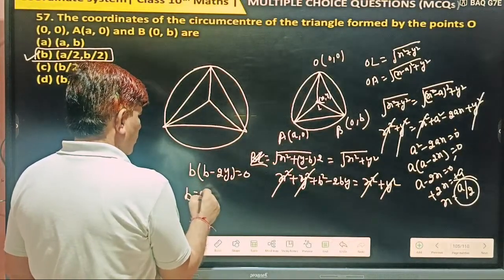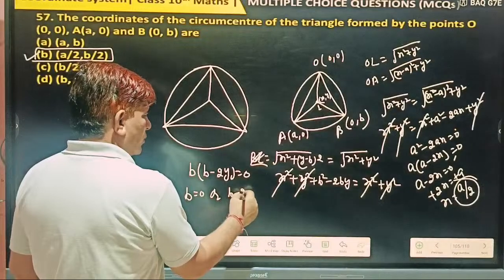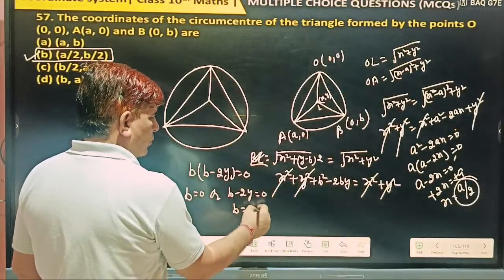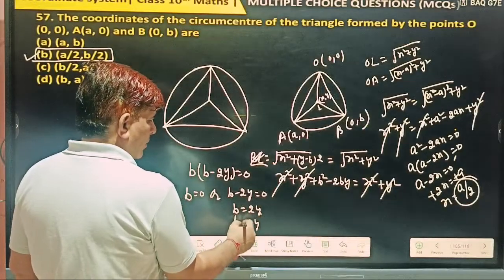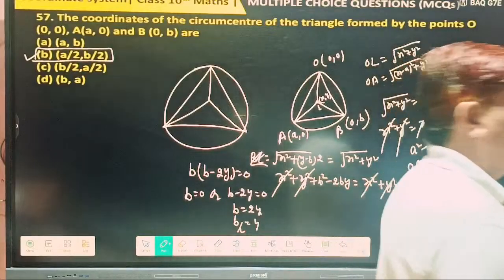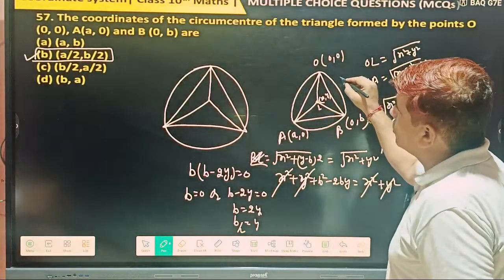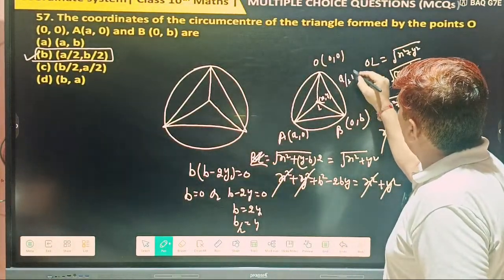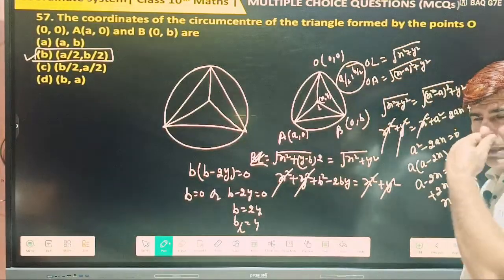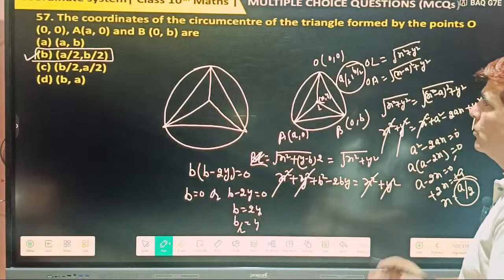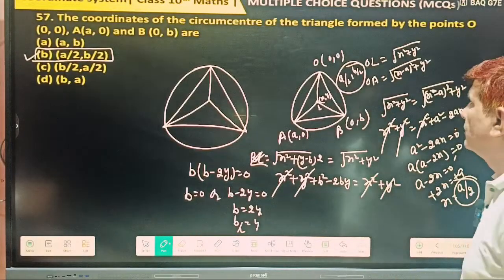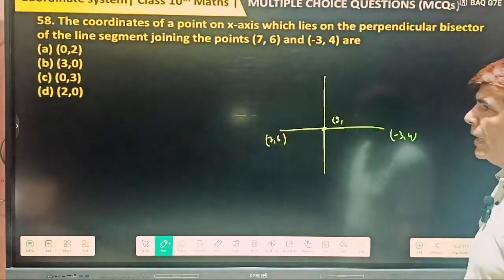So B equal to 0 or B minus 2Y equal to 0. So B equal to 2Y, and what is your Y? B by 2. So what are the coordinates of this point in the form of this? A by 2 and B by 2. So this is the circumcenter, meaning its distance from the vertices remains the same. Yes or no?